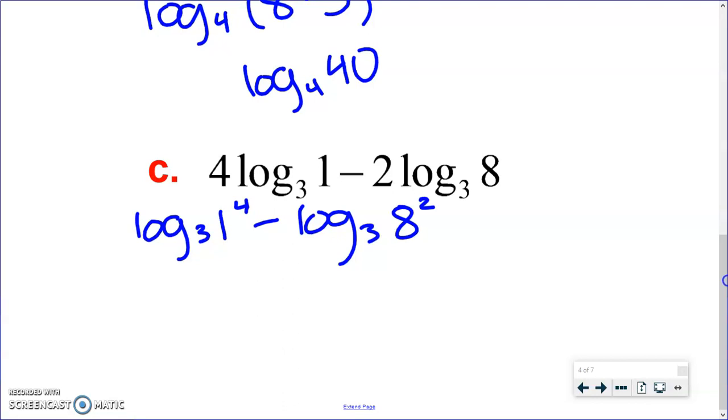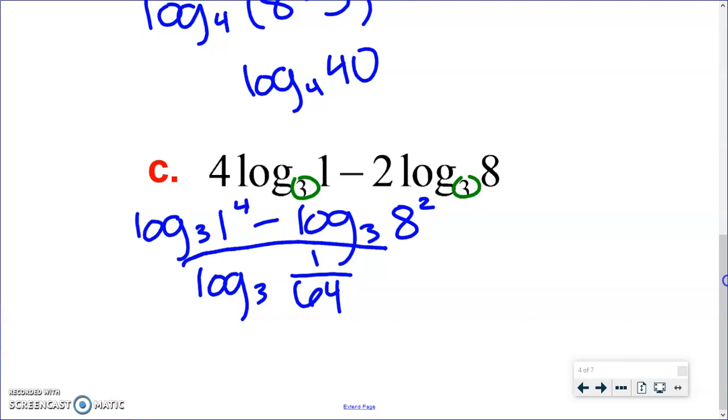If the bases aren't the same, we cannot condense them. So those are both base 3, so we can continue. Just wanted to make sure to point that out. So we can simplify this one step further. We've got log base 3. 1 to the 4th is just 1 over 8 squared, which is 64. And that is our condensed version.